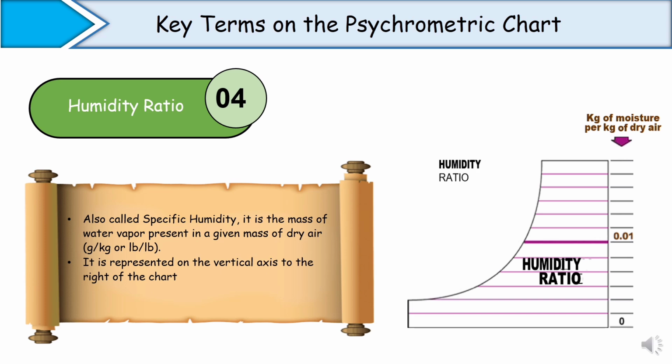In the psychrometric chart, it is represented on the vertical axis to the right of the chart. Can you see? This horizontal line is represented as the humidity ratio or specific humidity. Clear?